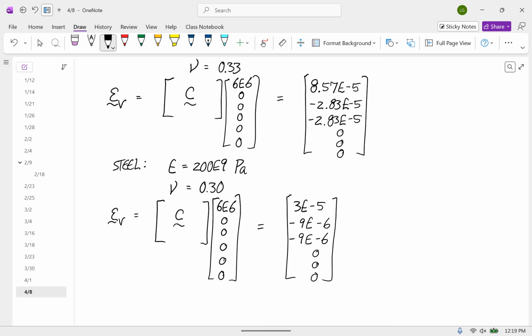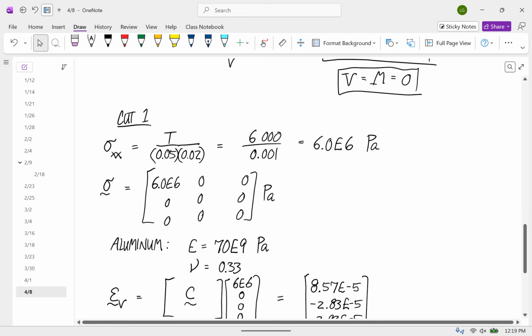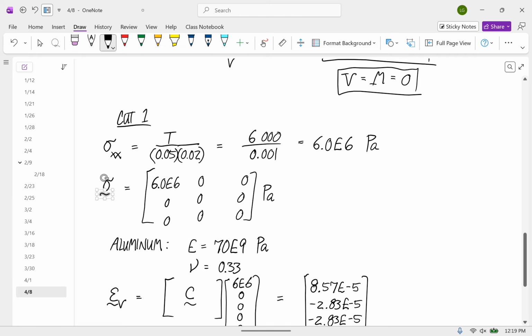Okay, and then the problem asks you to do that for all the different cuts. I'm treating this as representing the stress and strain in the material everywhere along that cut.